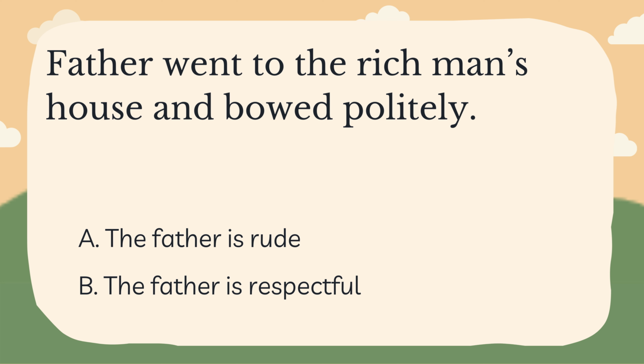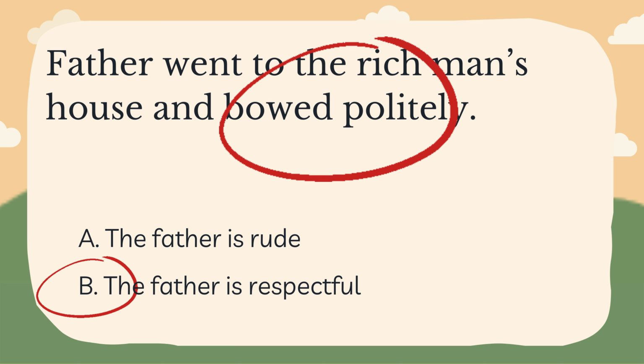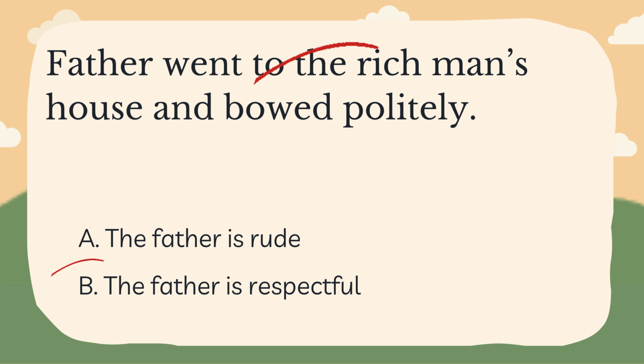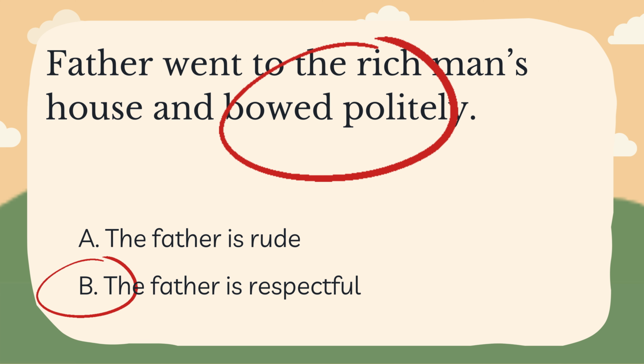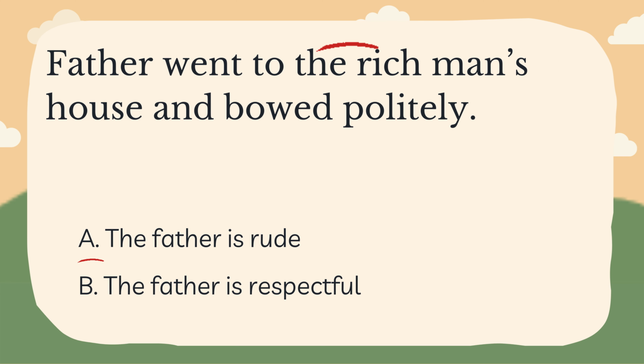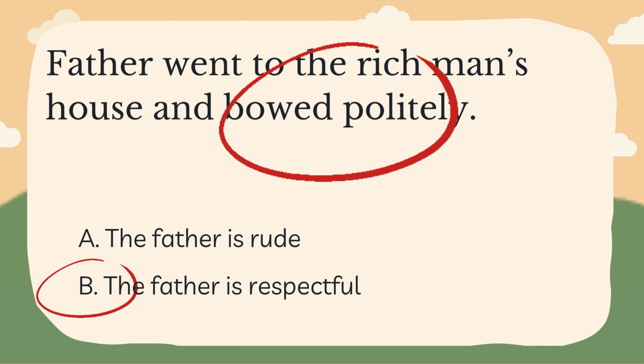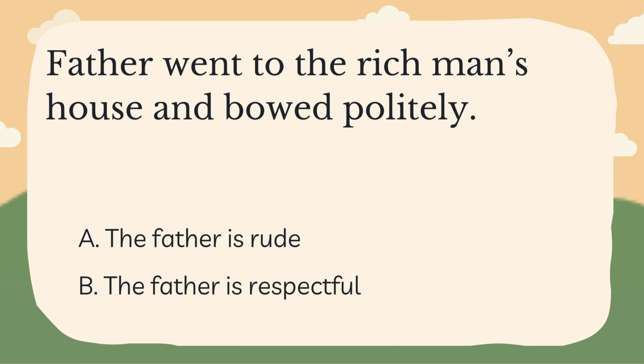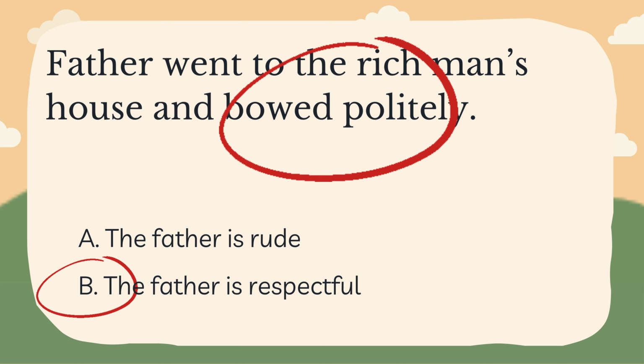That's right. The answer is B, the father is respectful. Why? Because the words bowed politely show that the father is showing good manners and respect. See, by carefully looking at the actions in the sentence, we can understand the character better.